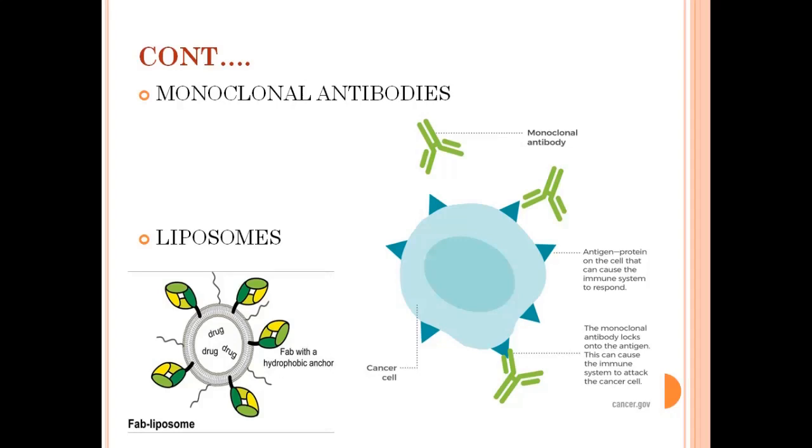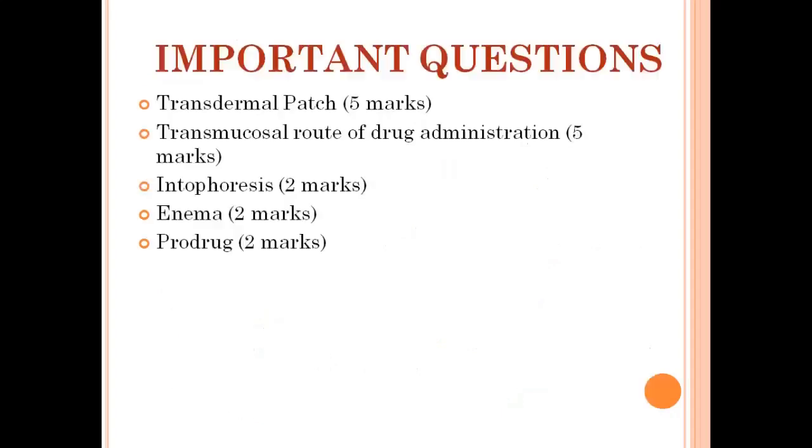This will get attached to the specific tumors, and once it gets attached, then the drug will be released and the cancer cells can be destroyed. These are the various special types of drug delivery systems. It is important to know because we have to always update ourselves with the latest technologies.